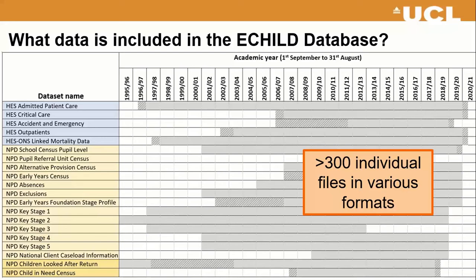I think the ECHILD database began as an idea probably 8 years ago, and it's taken quite a bit of time to build up the permissions to get it to this stage. But I can see the value, because what administrative data sets lack in detail, the cohort studies would be a huge supplementation for. Great, thank you.